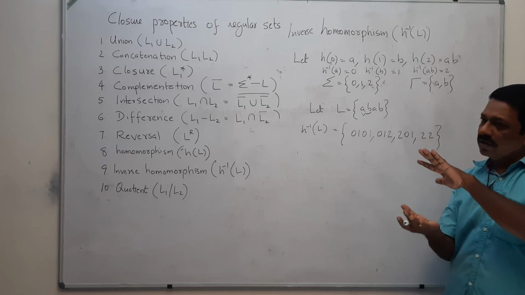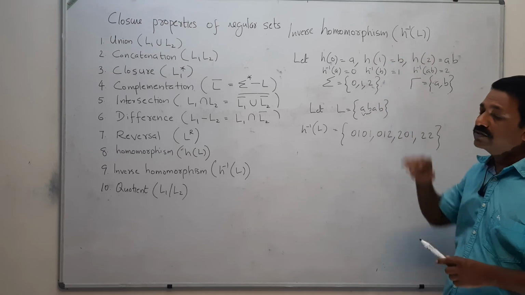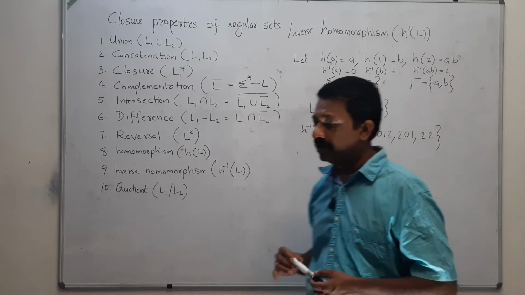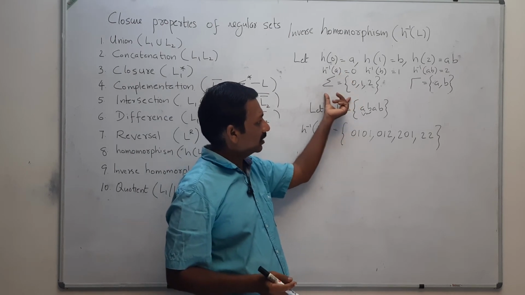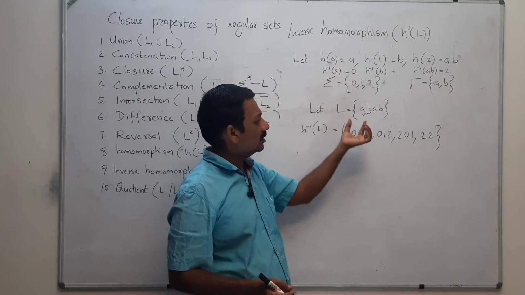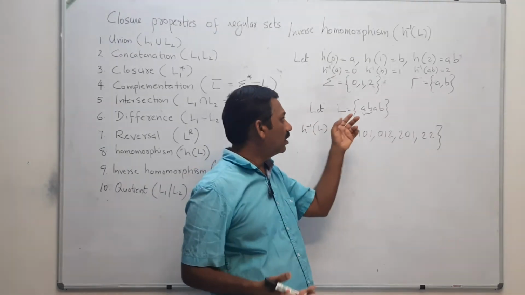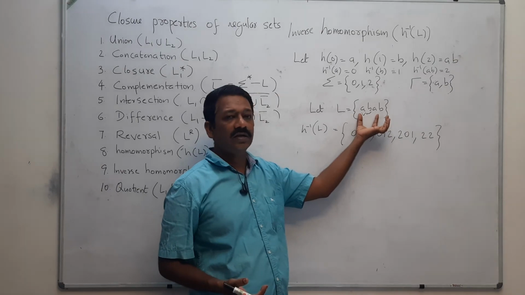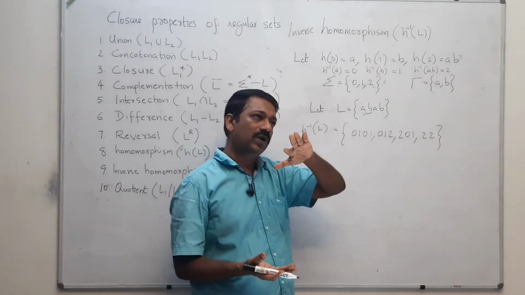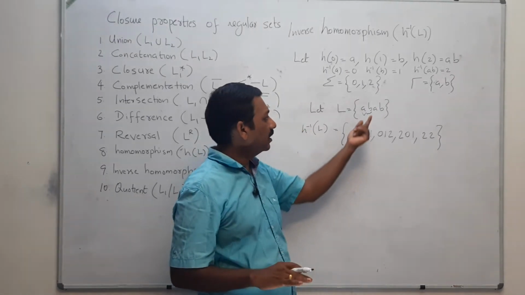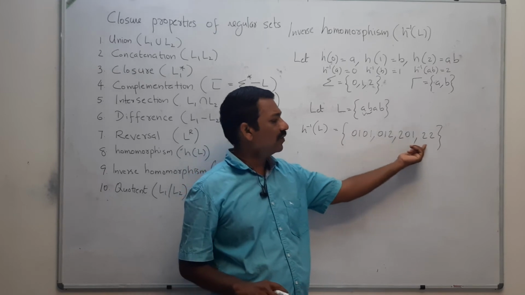When you are reversing that, this is called inverse homomorphism. That means you have a string, and after substitution you got the string. This is the substituted expression, and from this we are trying to retrieve the original one, and there are different possibilities: 0 1 0 1, 0 1 2, 2 0 1 and 2 2.